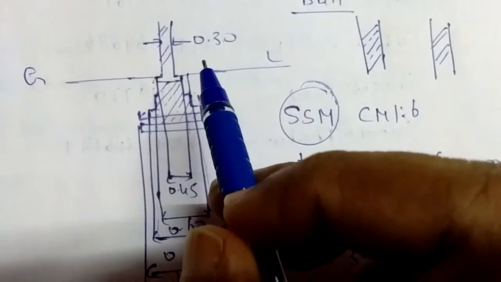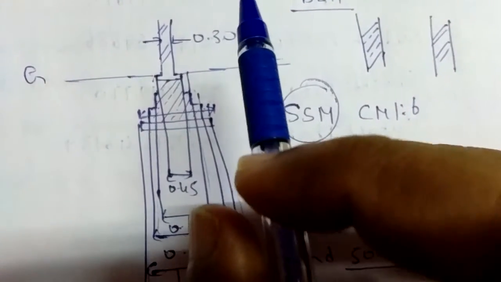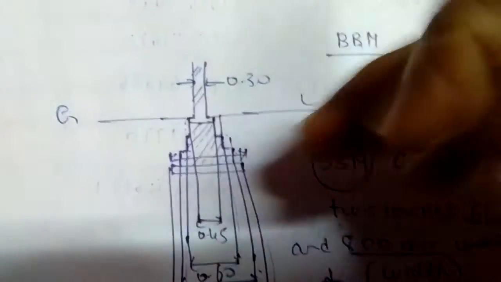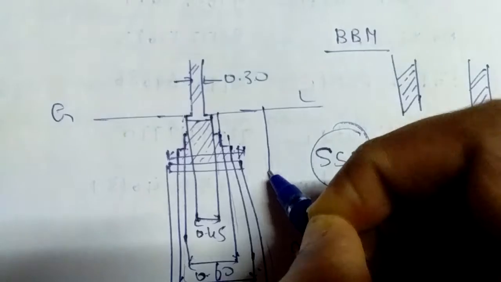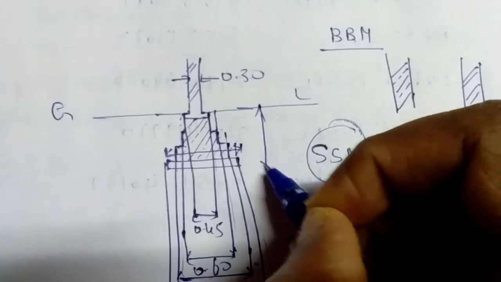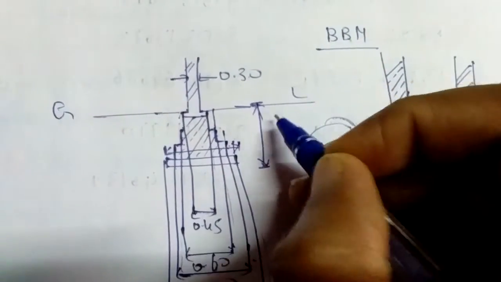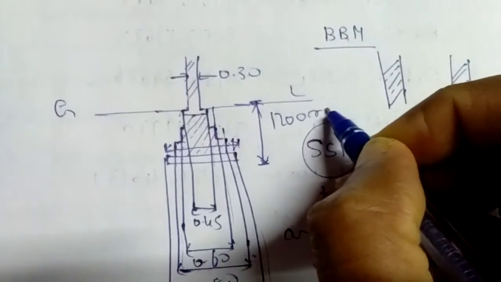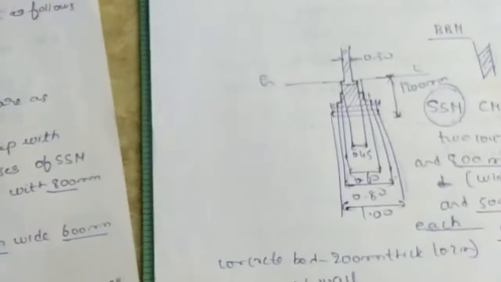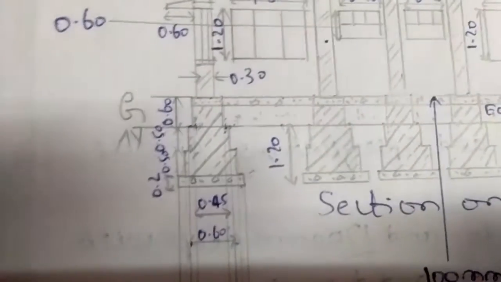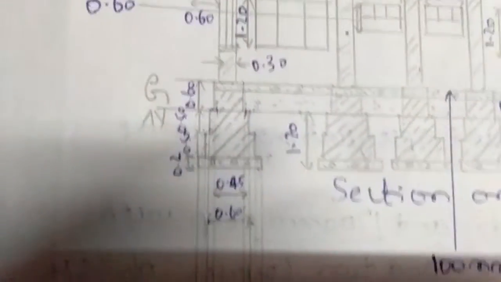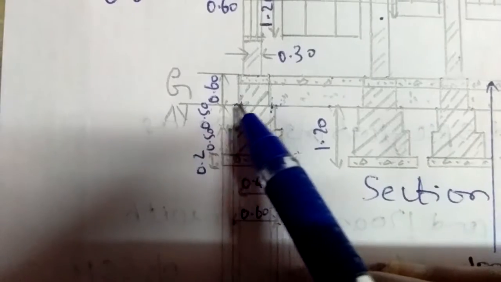Then they had given us 1200 mm depth of the foundation. This is the depth of the foundation. Now if you can see in the diagram here, this line is the ground level.